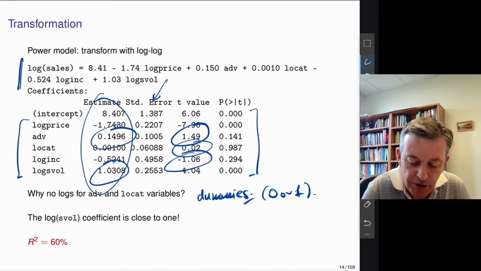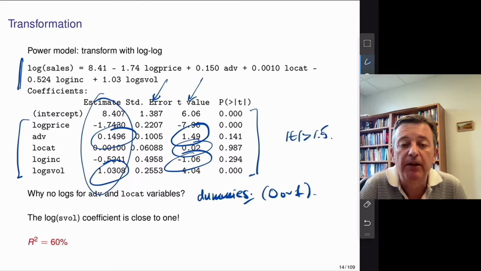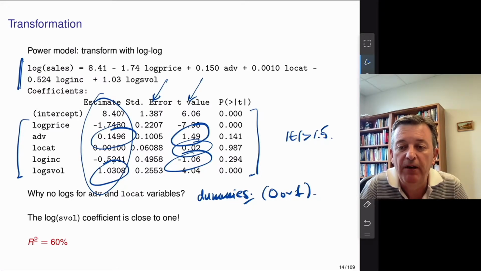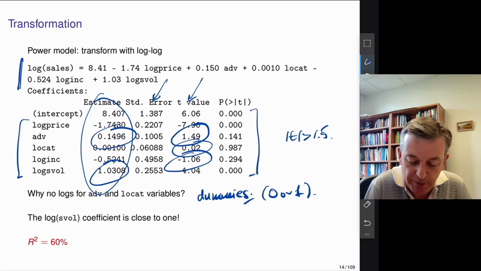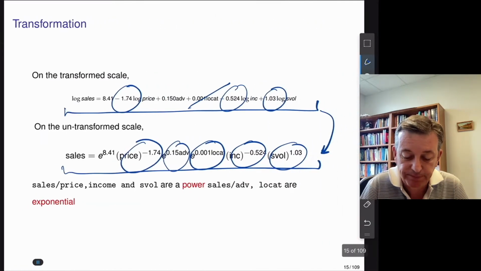If I take the ratio, I get the t ratio, and my rule of significance is that anything with a t ratio bigger than 1.5, I'm keeping in my model. Hand in hand with the t ratio, I get a corresponding p-value. Low p-values mean that variables are significant. So, for example, the size of the store has a very high t ratio of 4, and correspondingly a very low p-value.